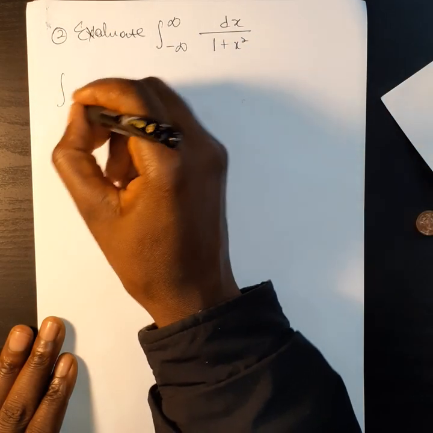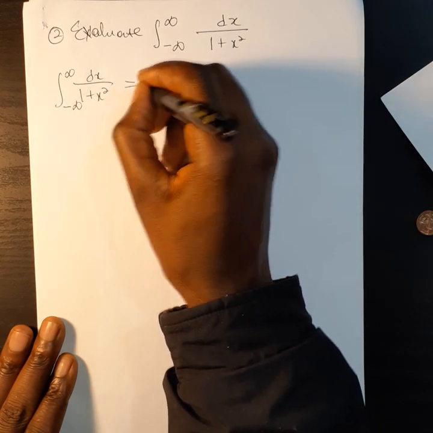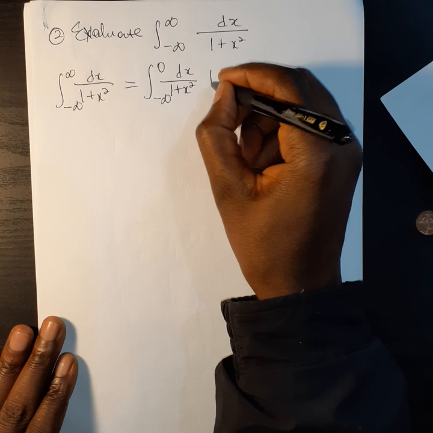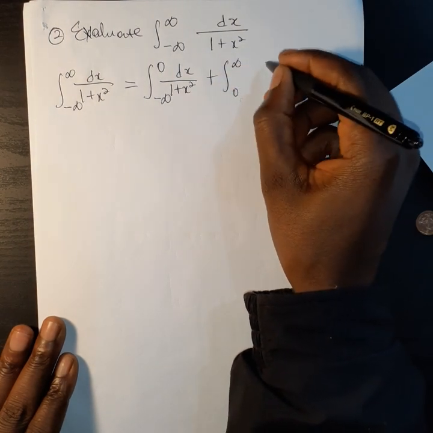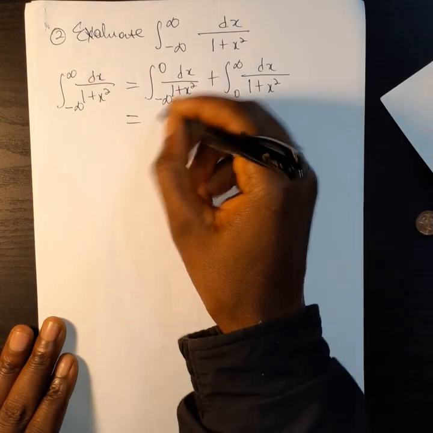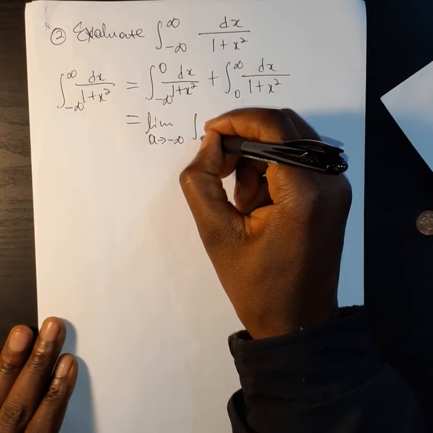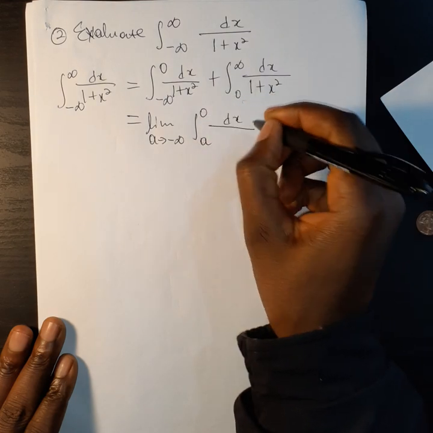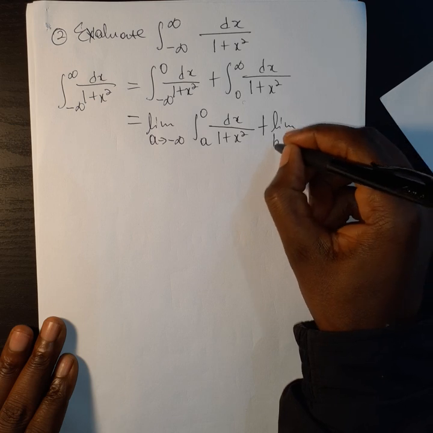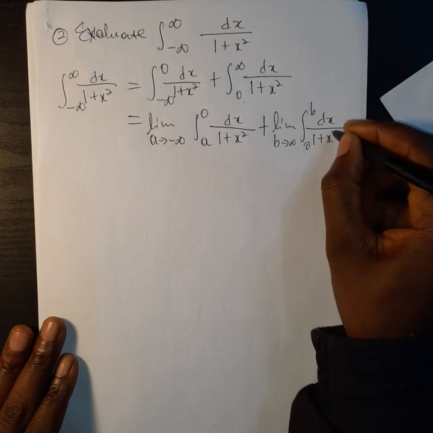So we understand that the integral from minus infinity to infinity of dx over 1 plus x squared will be equal to the integral from minus infinity to 0 of dx over 1 plus x squared plus the integral from 0 to infinity of dx over 1 plus x squared, which is going to be the limit when, say, a is approaching minus infinity, the integral from a to 0 of dx over 1 plus x squared, plus the limit when b now is approaching infinity, the integral from 0 to b of dx over 1 plus x squared, like that.